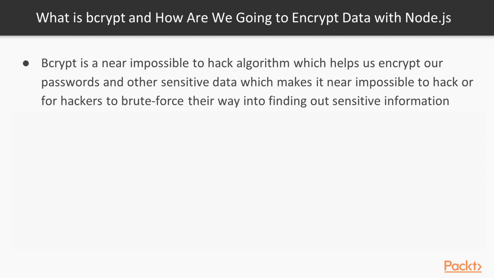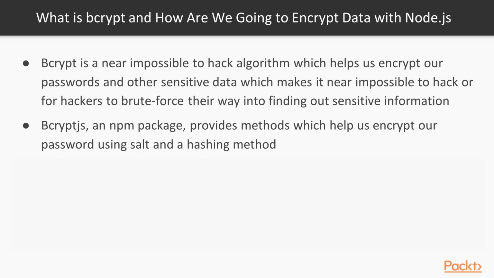The speed of bcrypt, and especially it being slow, protects against people who want to brute force, trial and error their way into finding out a password. Because it's so slow, brute forcers take even long to find even one password. It can take hundreds of thousands of dollars and a lot of hours of effort to even find one password. So that's why bcrypt is such a successful algorithm.